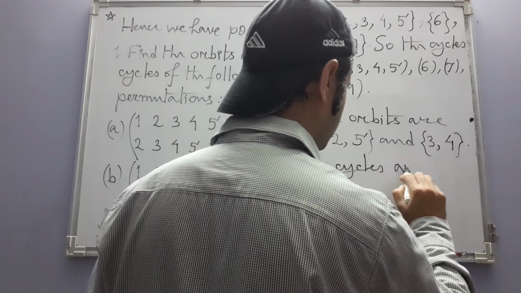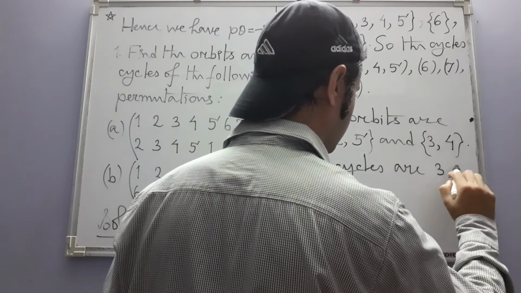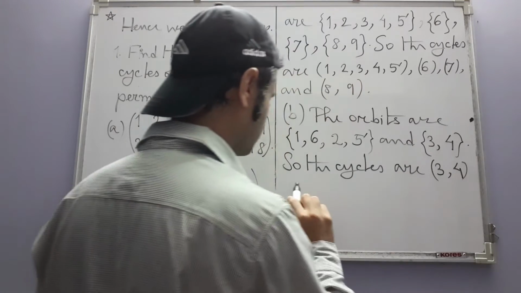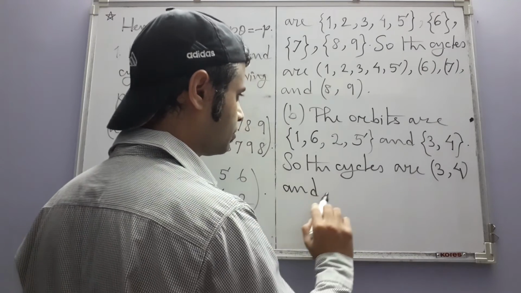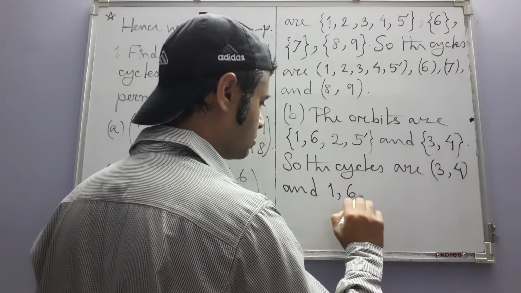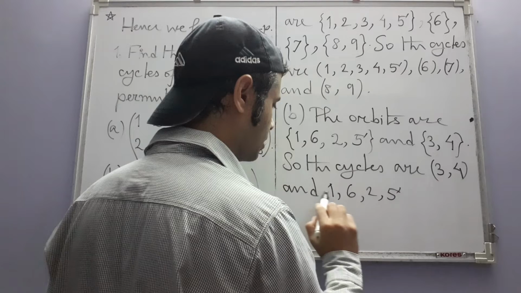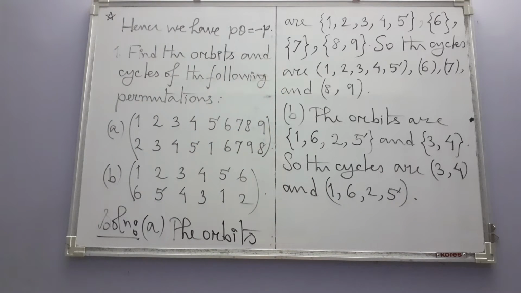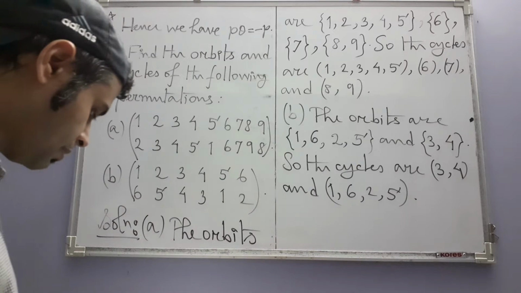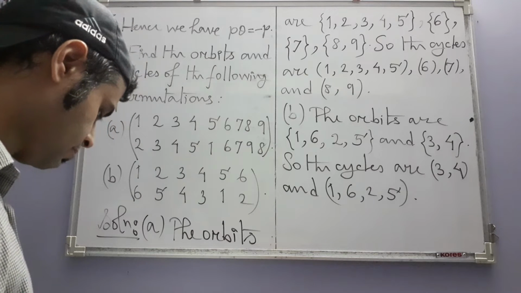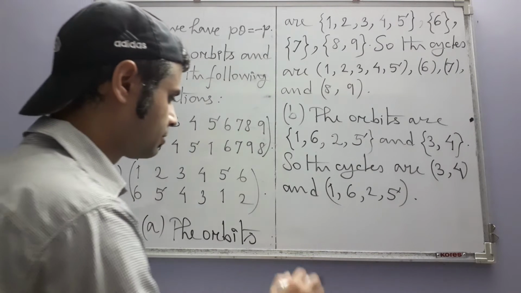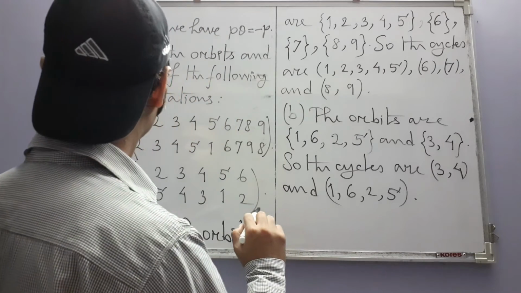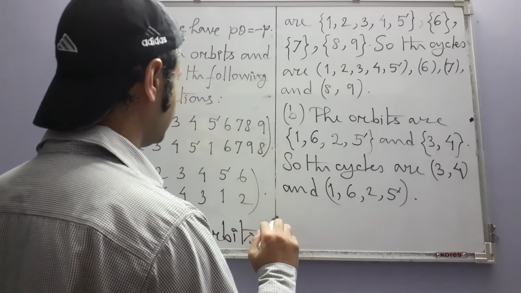So the cycles are, let me write this one first, and 1 6 2 5. In the next one, I think we are being asked to, yes, exercise 2. Oh, I did not write exercise.